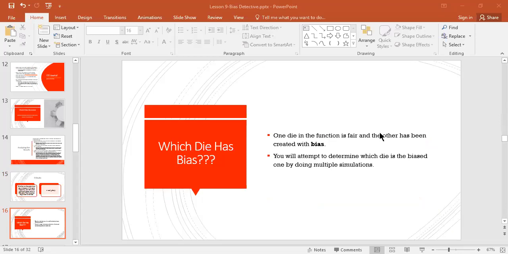One is called A, one is called B. One of them is a fair die, the other is an unfair die, a die with bias. And the coding is written for it to be biased. In this lesson, we're going to attempt to figure out which one of the dice is biased and which one is fair, and we're going to do this through multiple simulations.